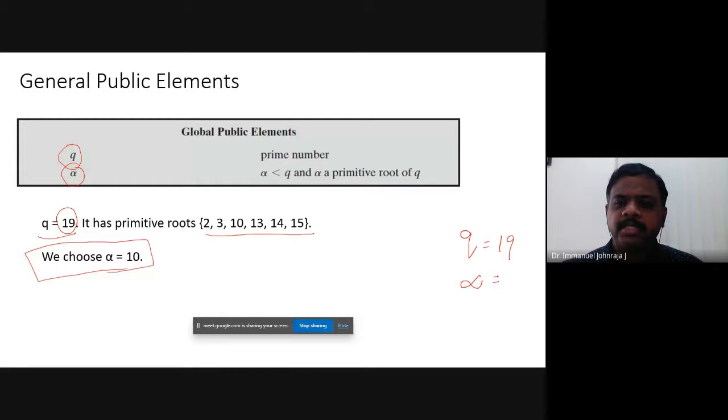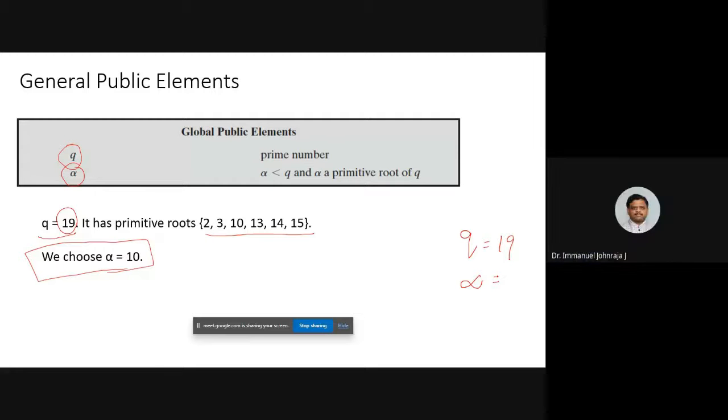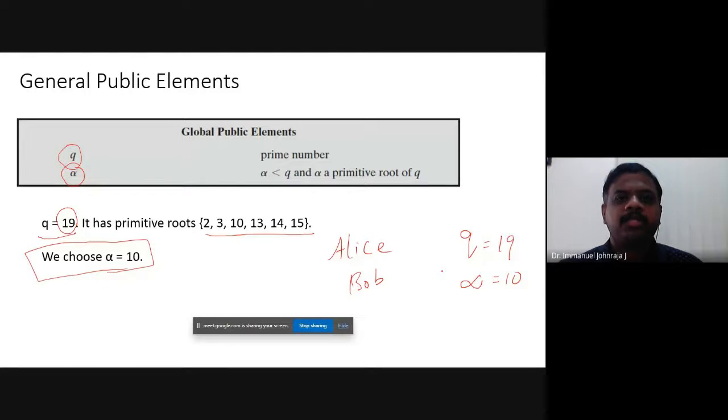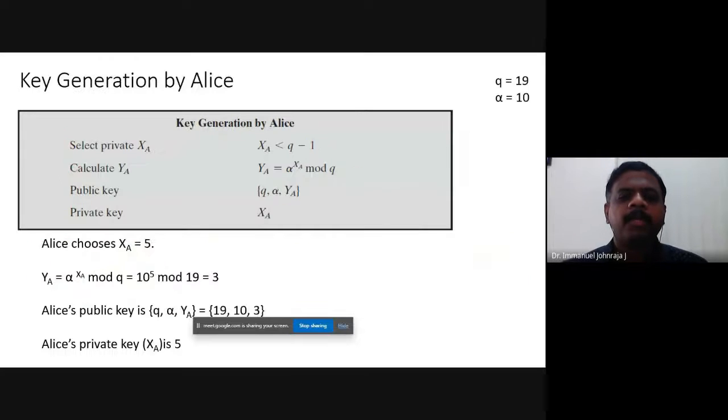So we choose the alpha value as 10. So we have q as 19, and alpha value is 10. So these are the two global public elements. The two people, Alice and Bob, are both going to share these two values. It's common to them.